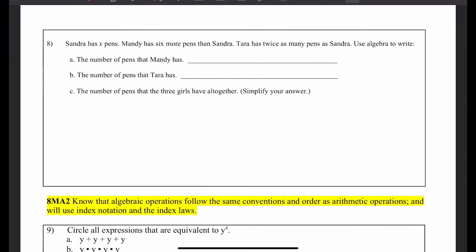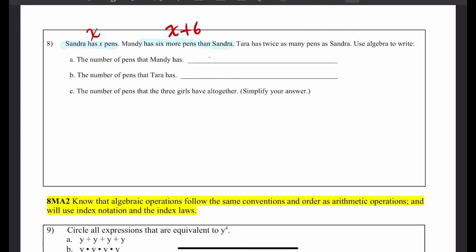Okay. So Sandra has x pens. Mandy has 6 more pens than Sandra. Okay, so let's do that one first. So Sandra has x pens. Mandy has 6 more pens than Sandra. Okay.